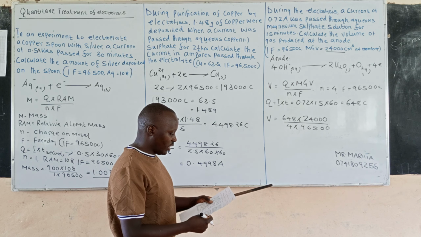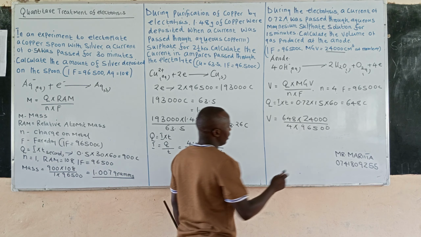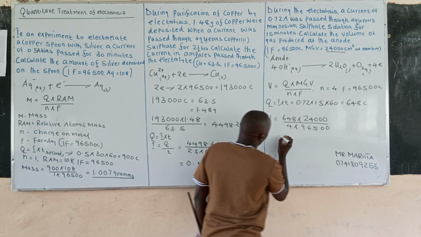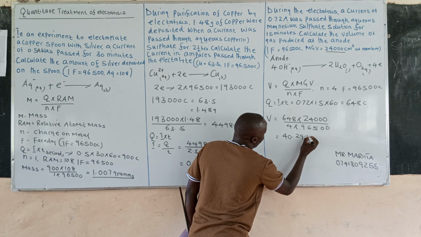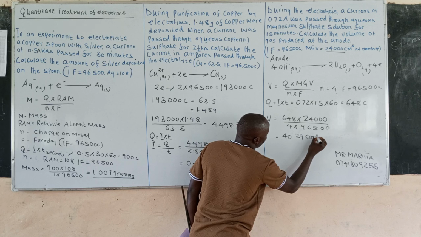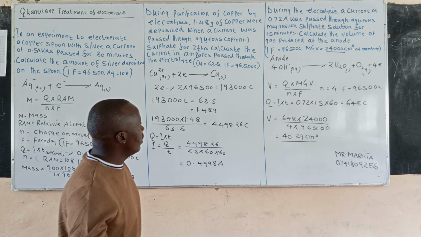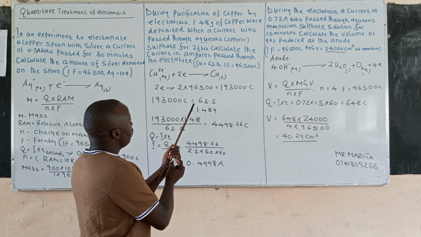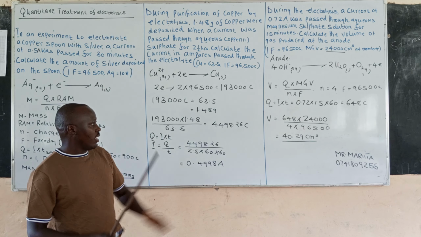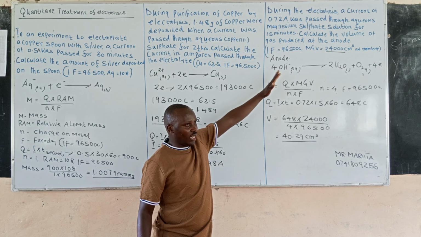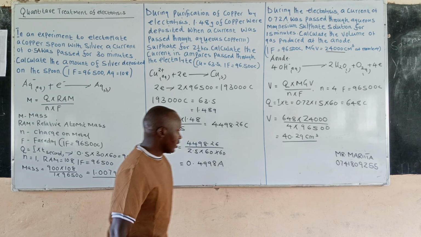If you substitute that very well, it will give you 40.29 cubic centimeters. So that is the volume of the gas produced at the anode. Remember, at the cathode, the hydrogen gas is produced.